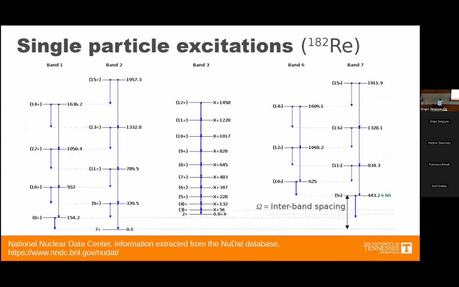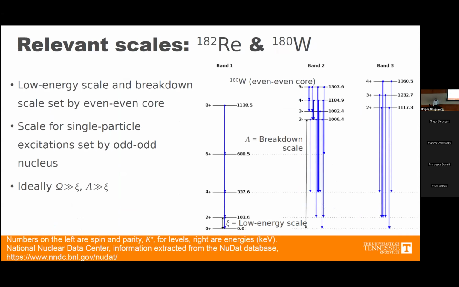So here we have the excitations for rhenium 182. And we see here that the spacing between bands is really not much higher than the low energy scale here.